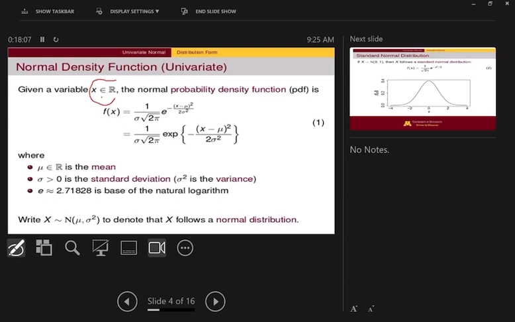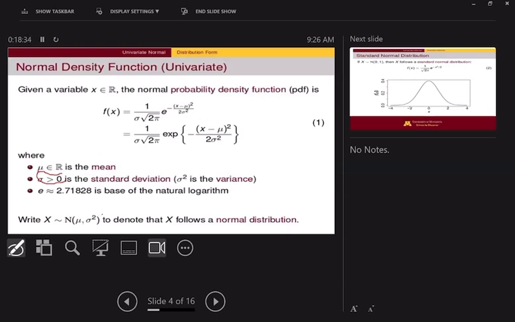Now, this is the formula, the density function of a normal distribution. It has two parameters, the mean and the standard deviation. The mean could be positive or negative or zero, any real number, and the standard deviation, sigma, has to be greater than zero.